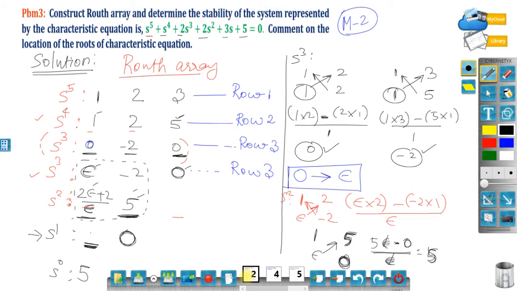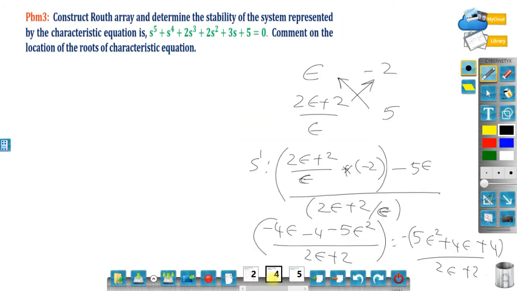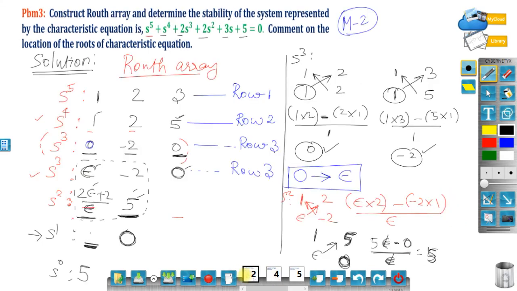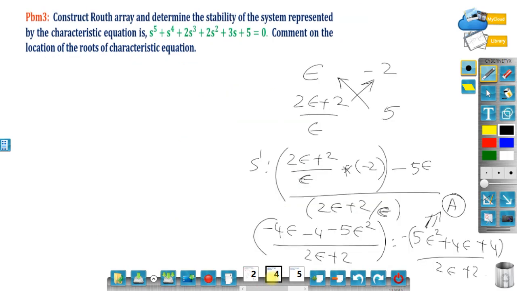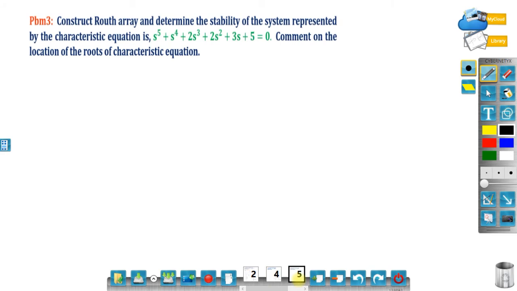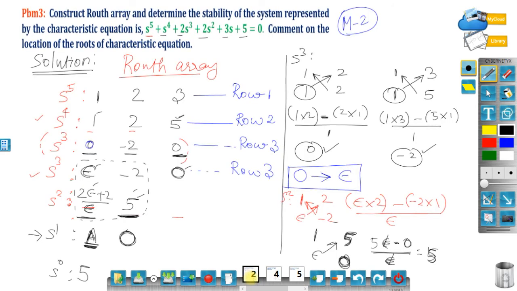Right? So let us consider this is A. Okay, this is the equation where A is nothing but this value, I mean minus 5 eta square plus 4 eta plus 4 divided by 2 eta plus 2. Okay, so this is the temporary route array.